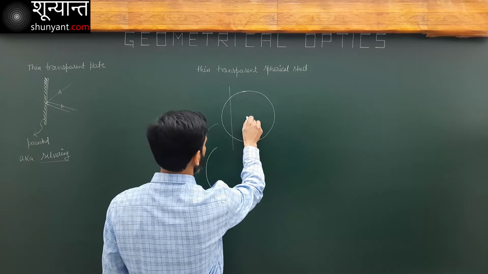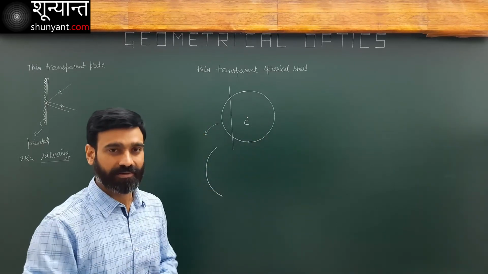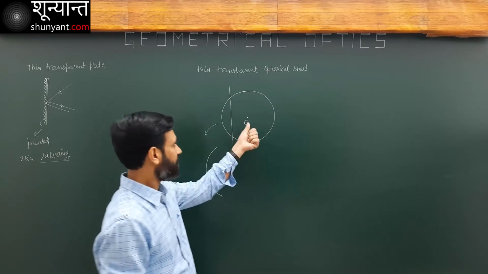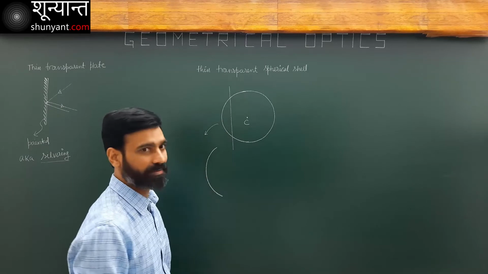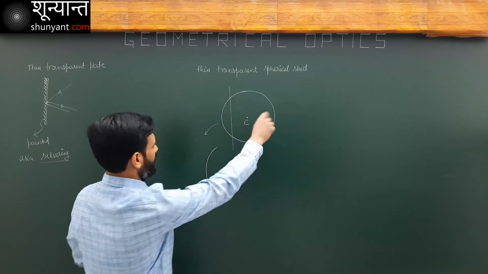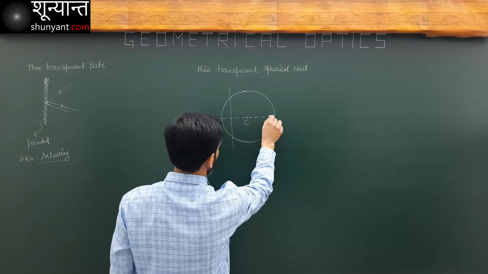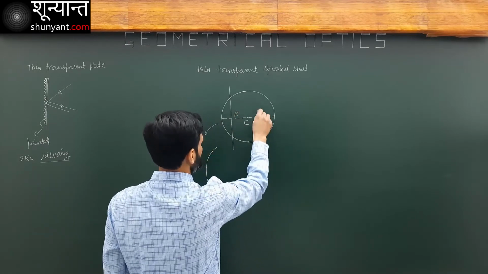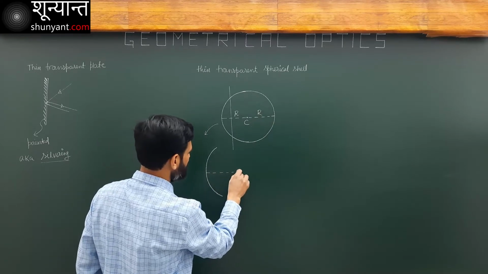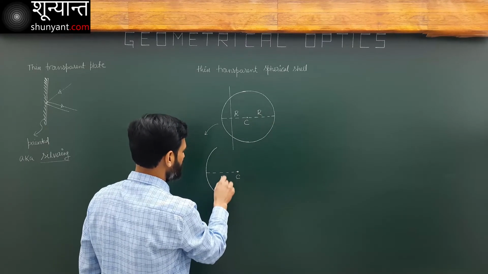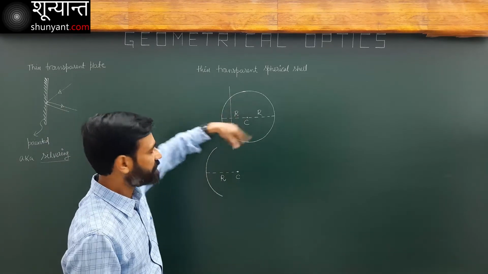If this is the center of the original sphere from which I am cutting out this portion, and it has some radius, let's say that this is the radius. This portion is also going to have exactly the same radius, because this is part of the original sphere.